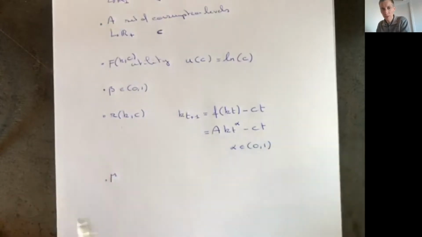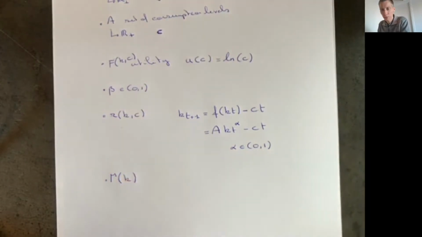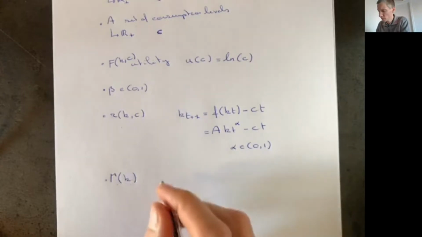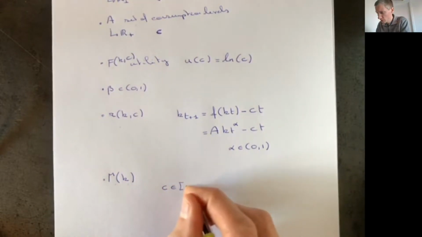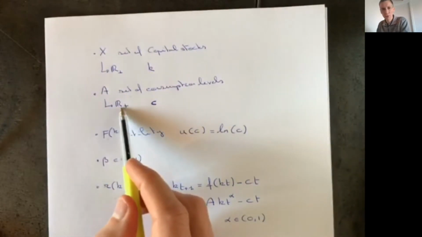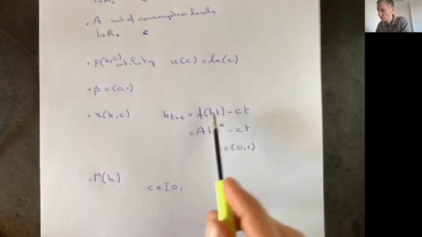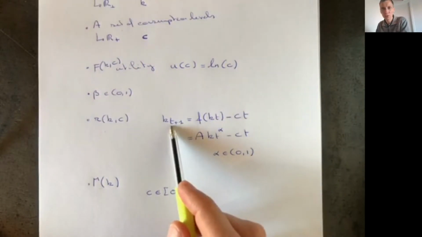And from this we can easily derive our gamma of k, right? So gamma of k is all consumption levels that we can consume given that k is a capital stock. So we know that c has to be greater or equal to 0, right? So what's the maximum amount that we can consume? Well, the capital stock tomorrow has to be non-negative, right?